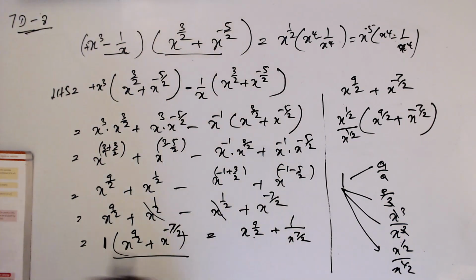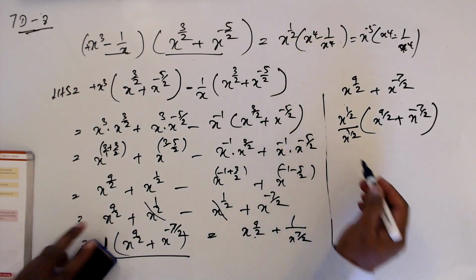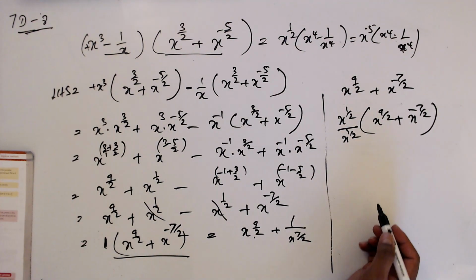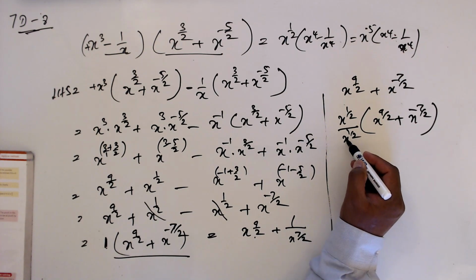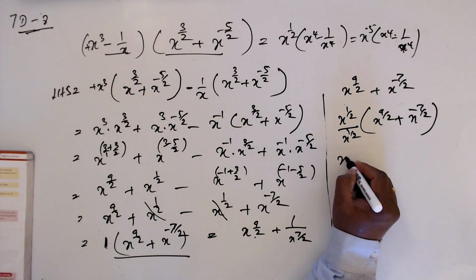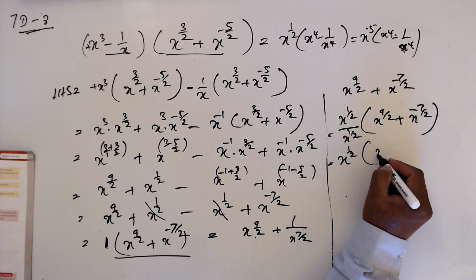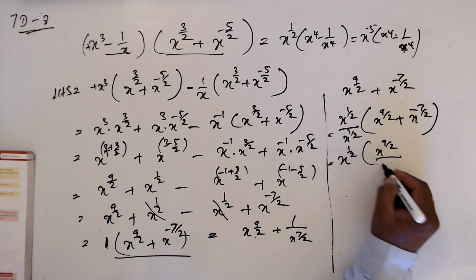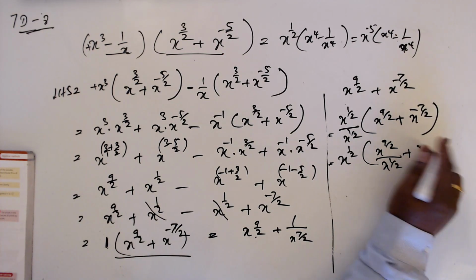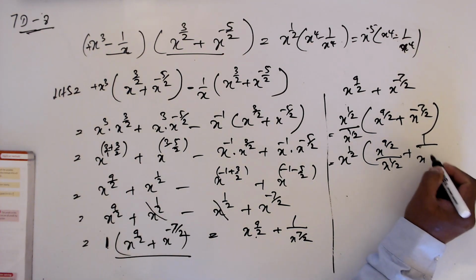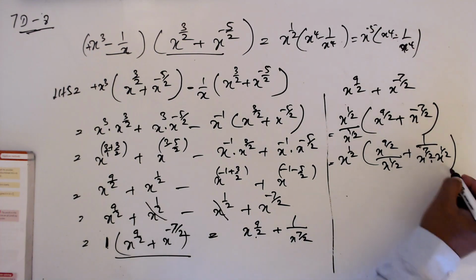So I use x half over x half. Then I keep this first x half and I multiply by this one inside. So x^half over, I'll keep this one, x^(9/2) multiplied by x^half, and I will bring it down, x^(-7/2) this one, and times x^half.